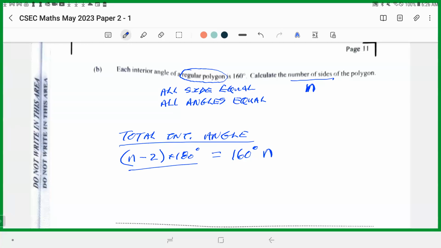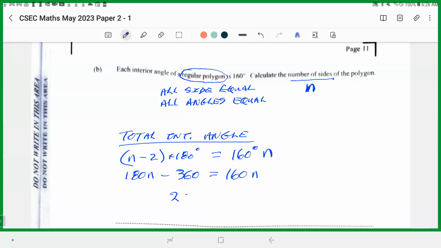So we're going to expand this out first and get 180n minus 2 times 180, which is 360. And that is equal to 160n. I've taken off the degrees, I don't need them. I'm going to transpose the 160n and subtract it from the 180n.